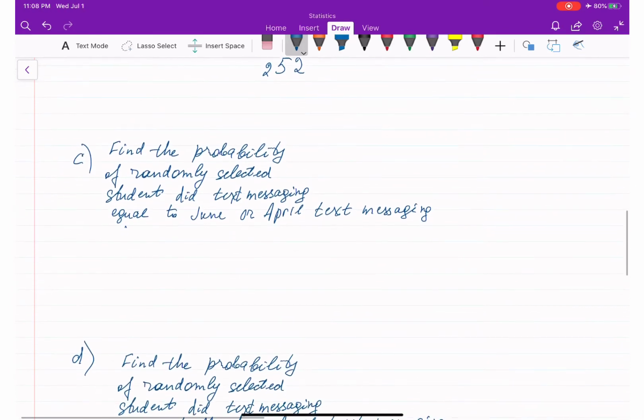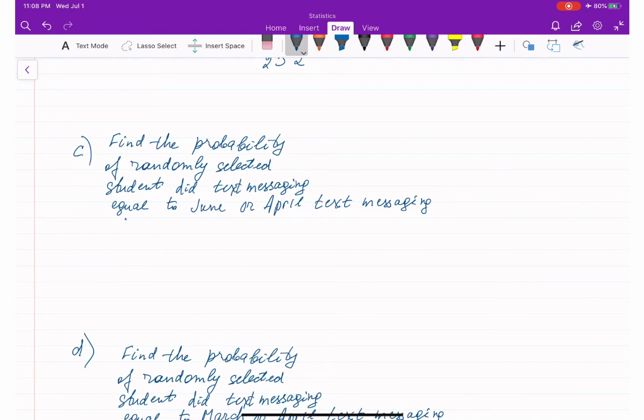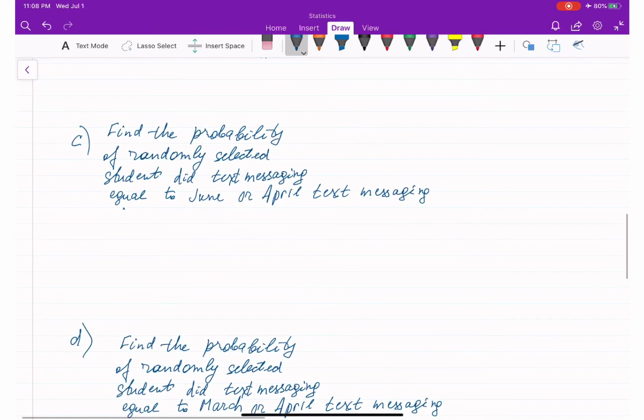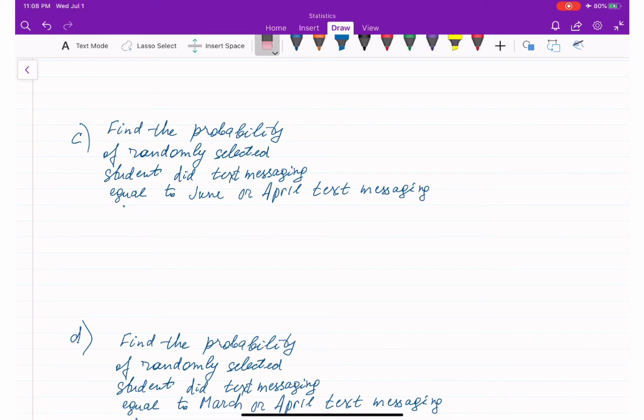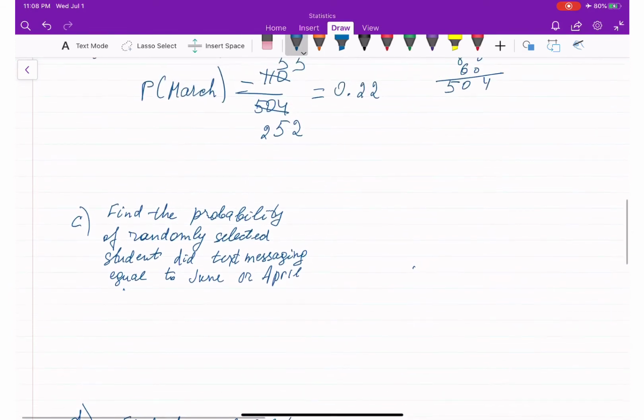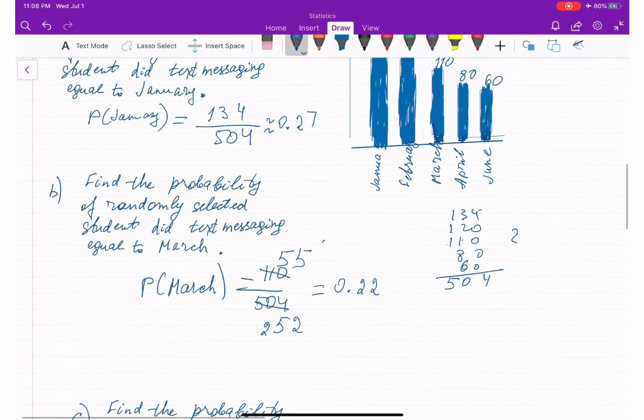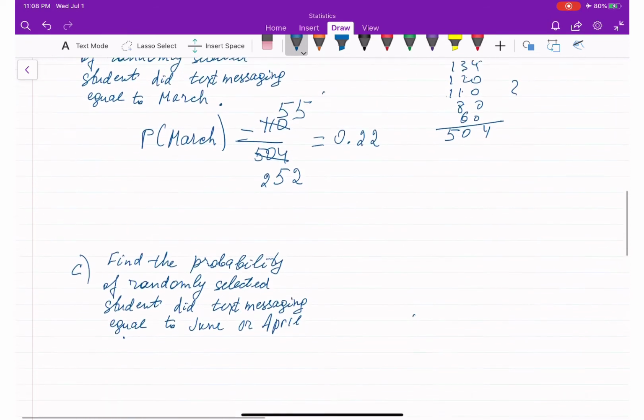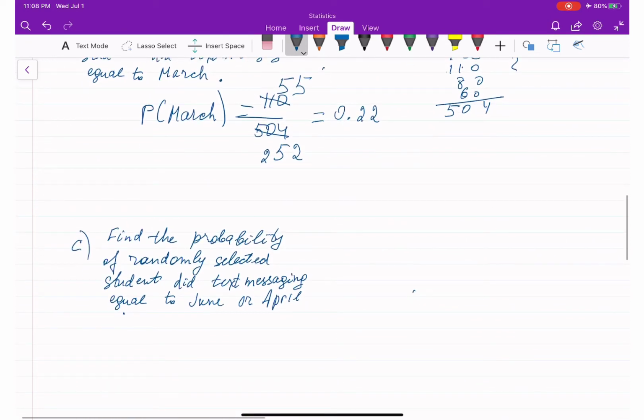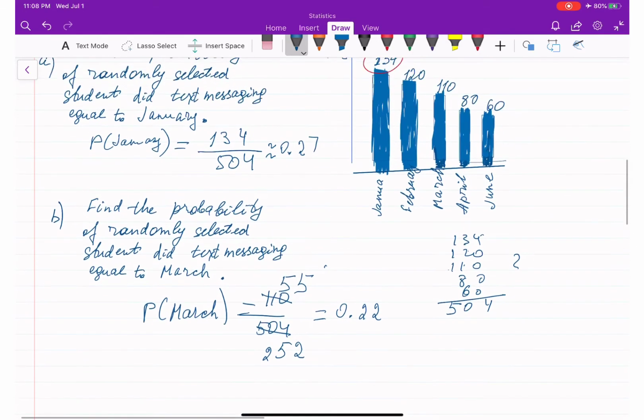Okay, next question. Find the probability of randomly selected student did text messaging equal to June or April. June or April. So for June, what do we have? 60 out of 504, right? Probability of June is equal, how much we said? 60.